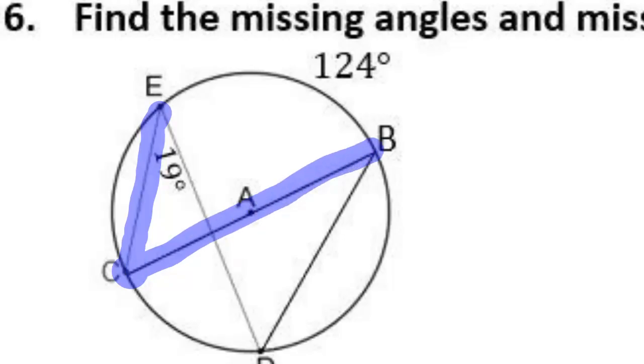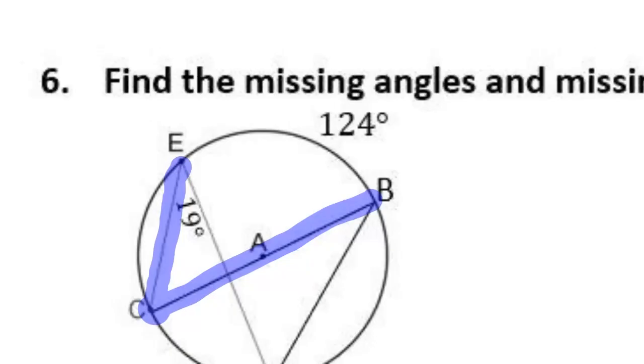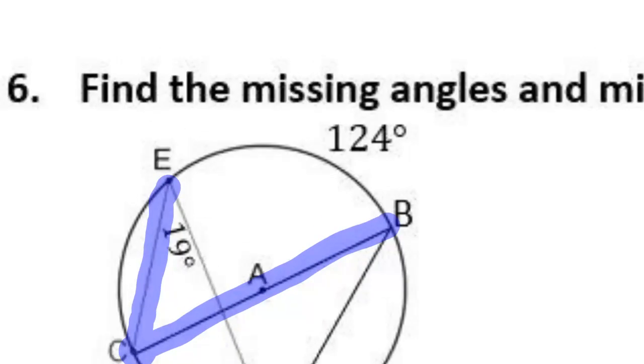What is the arc that angle C is intercepting? Yes, EB. Does anybody remember, and flip back to page 7 if you need to, the relationship between the inscribed angle and the arc that it intercepts?